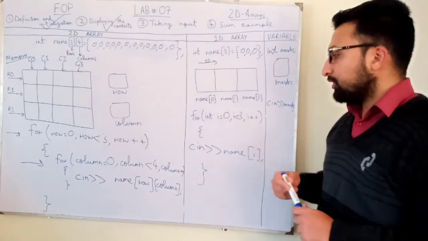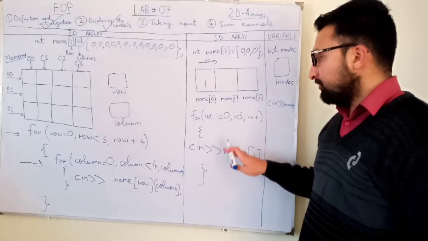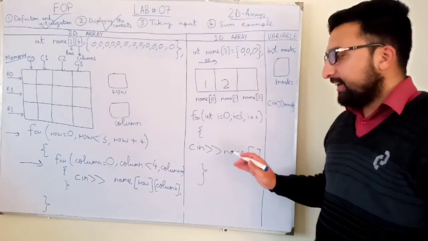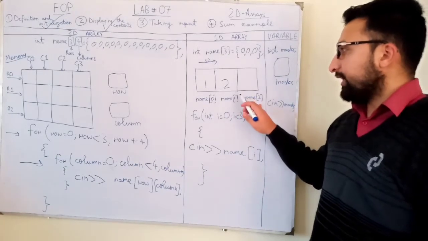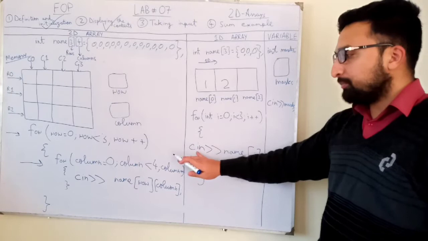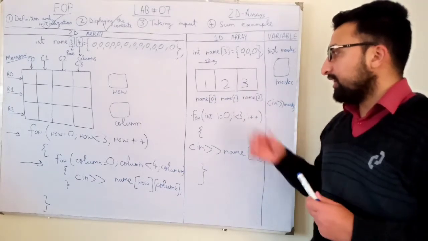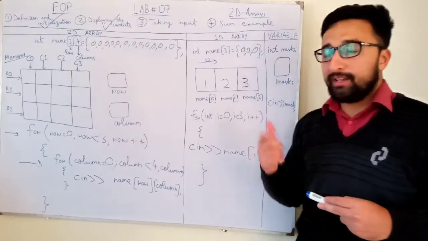For example, the user enters 1, it gets stored here. The loop runs again with i updated to 1, so it prints 2 here. Next the loop runs again with i updated to 2. Name of 2 now contains the value that was input by the user in the address name of 2.